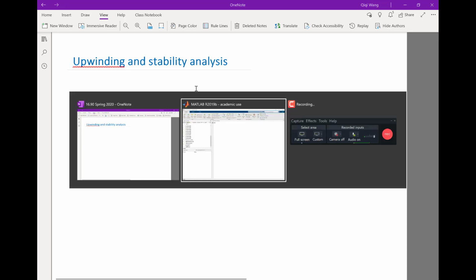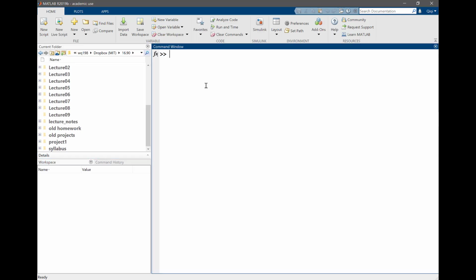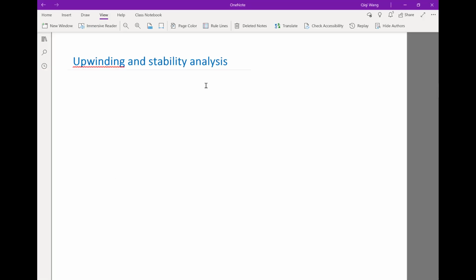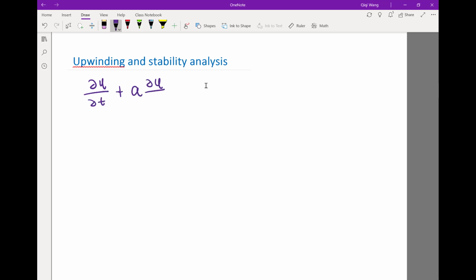Just to remind you what we have seen, we have coded up the solution to this particular partial differential equation. We were looking at du dt plus a times du dx equal to 0.